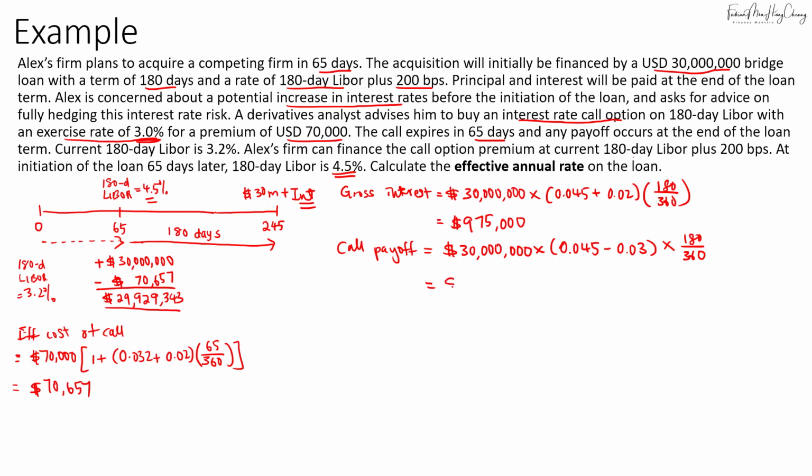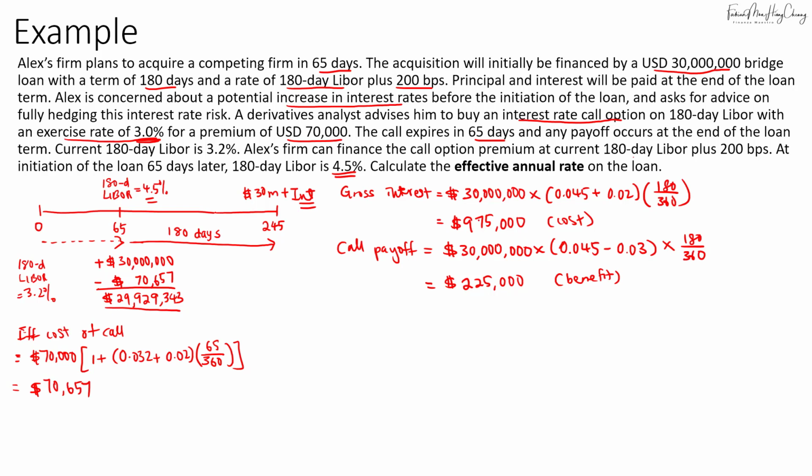So the call payoff will be 225,000. Take note that the interest here is a cost, whereas the payoff here is a benefit. So in this case, the benefit offsets the interest cost.